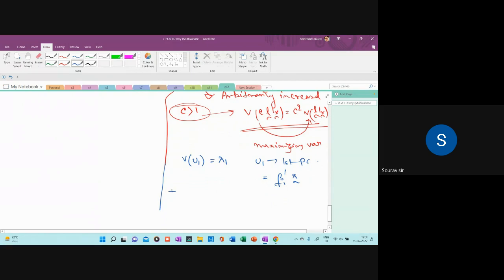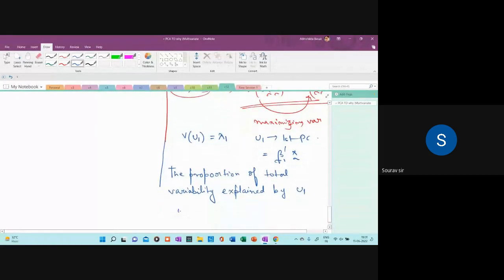The proportion of total variability explained by u1 is nothing but lambda 1 divided by the summation over lambda i, where i runs from 1 to p.